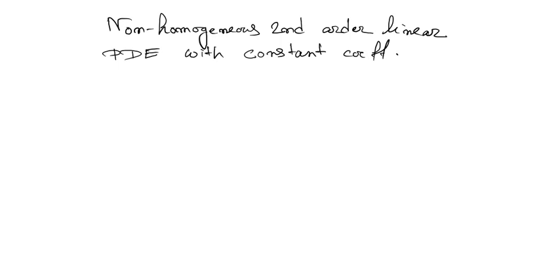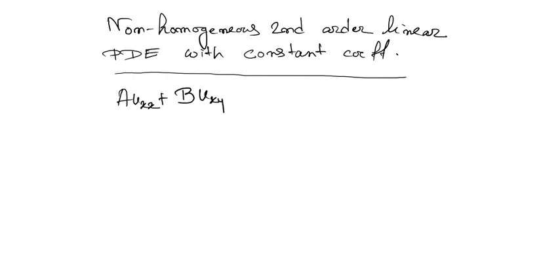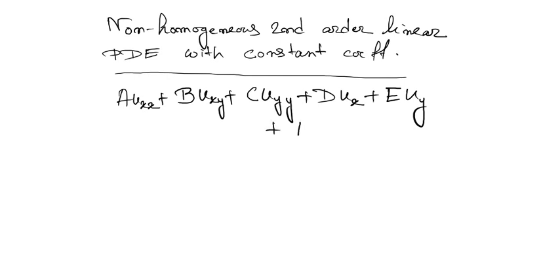So the general form of this equation will be a into uxx plus b into uxy plus c into uyy plus d into ux plus e into uy plus f into u equal to g, and this g not equal to 0, then only I will be saying this is a non-homogeneous.